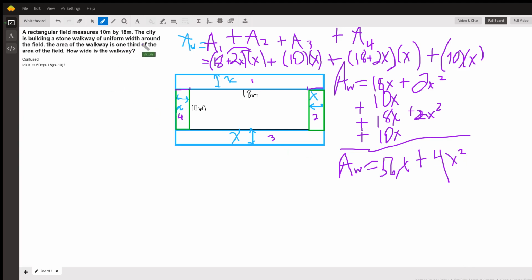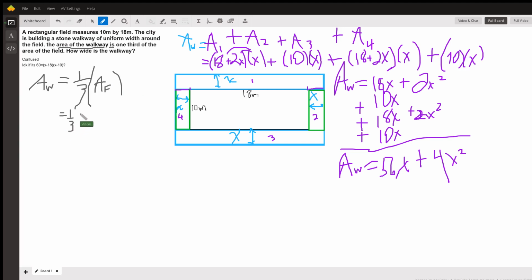Now, what they tell us in the problem is that the area of the walkway, that's what we're calling A sub W, equals 1/3 of, which means times here, the area of the field. But they gave us the area of the field. So this is 1/3.